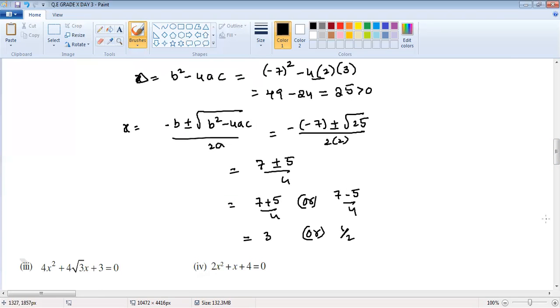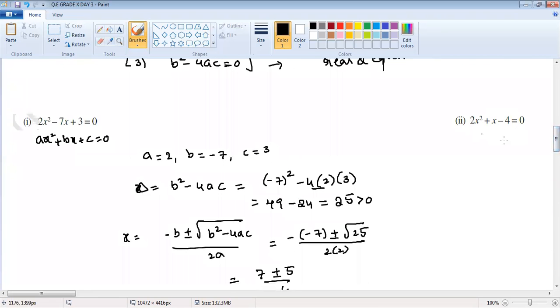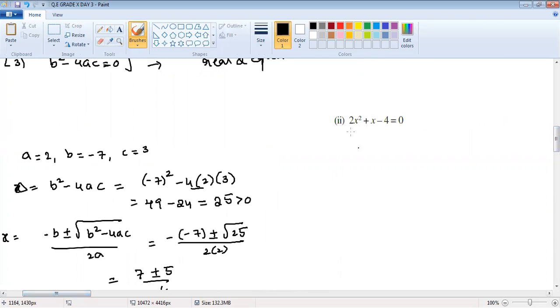Okay. Now, second question. We'll go for the second question. Can you do this one, the second one? First, please check it out. Compare with ax square plus bx plus c. Compare, please.